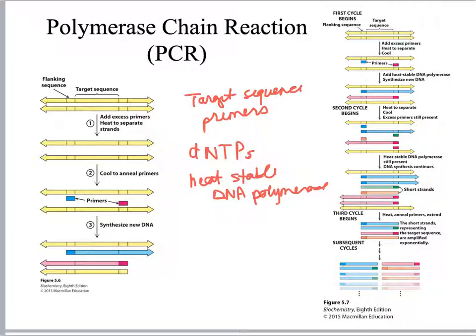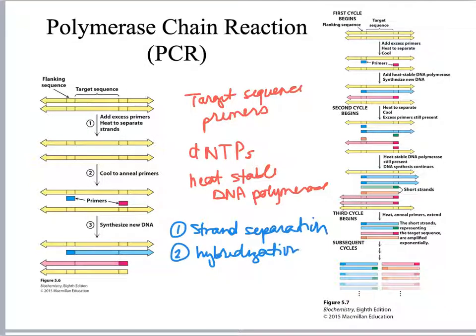The first step you have is a strand separation. Strand separation is going to be followed by hybridization of primers. And then we have DNA synthesis that occurs.